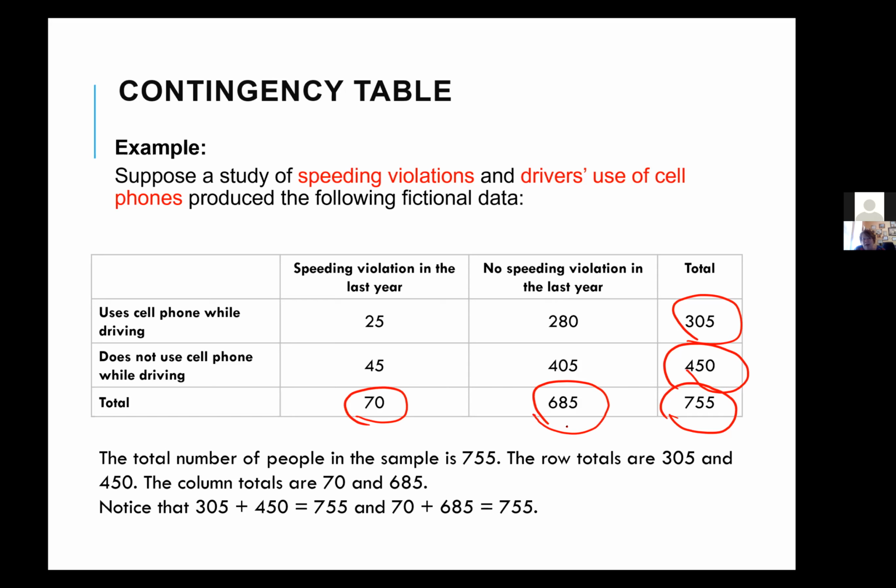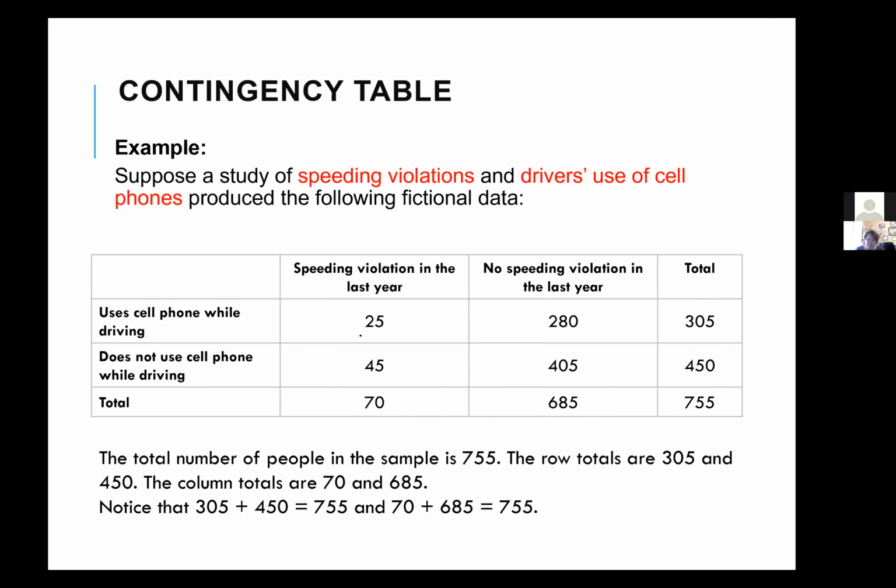That doesn't mean they weren't speeding. It just means they didn't get a violation for their speeding. So you'll see that the two values down here and the two values here both add up to 755. Now, what you have in the cells in your table is how many people are doing both.